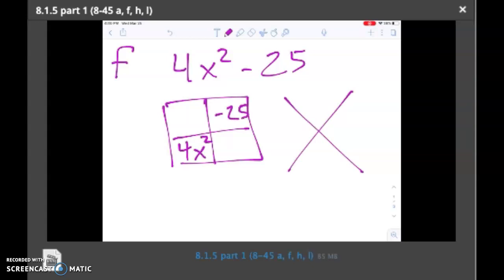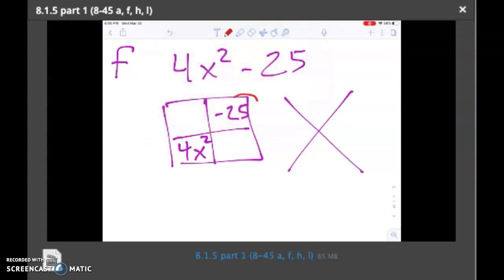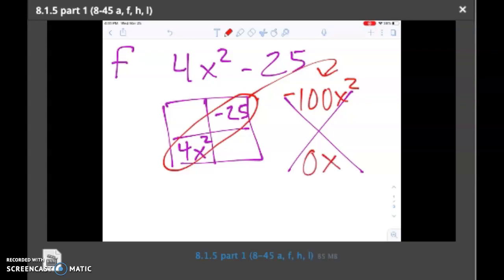Notice again, I don't have any x terms in this problem, just like the last problem. So multiply those two together: 4x squared times negative 25 gives me negative 100x squared. And like I just said, we don't have any x terms, so there's 0x in the bottom of our diamond.